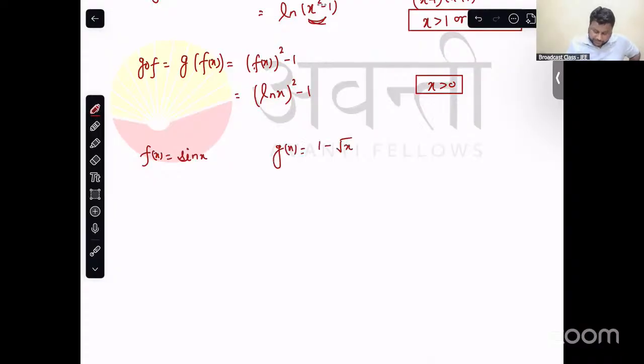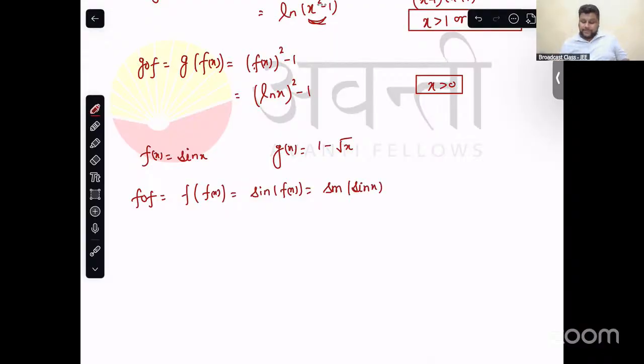All right. So first of all, I'll talk about fof. That is f of f(x). That would be sine of f(x), and that would be sine of sine x. Correct? Now, domain is x belongs to R. Range will be what?